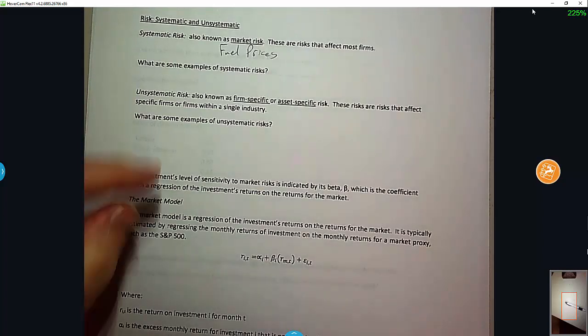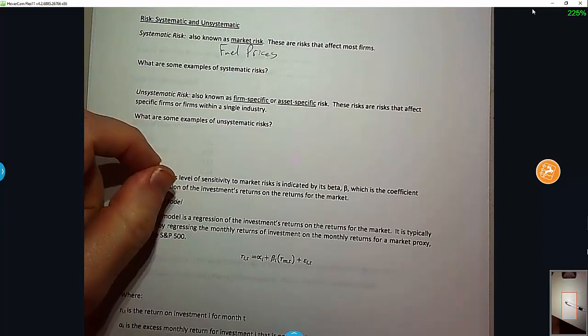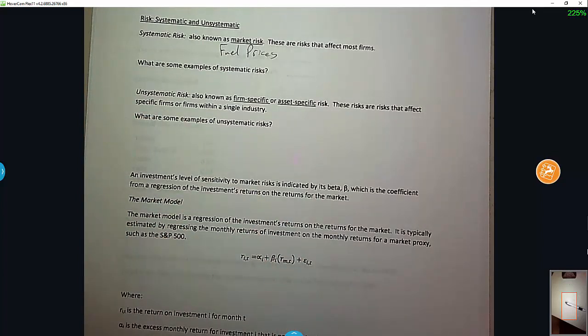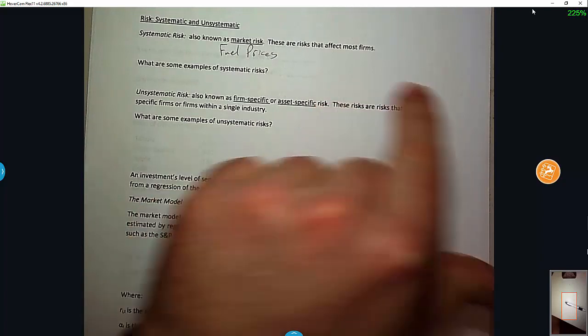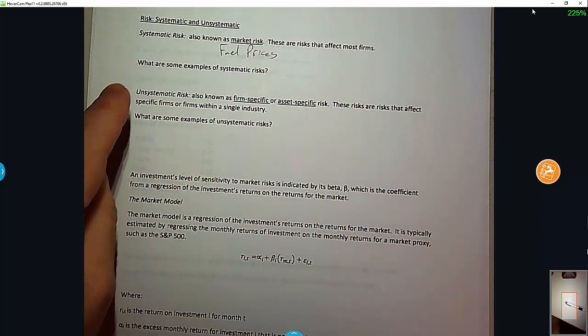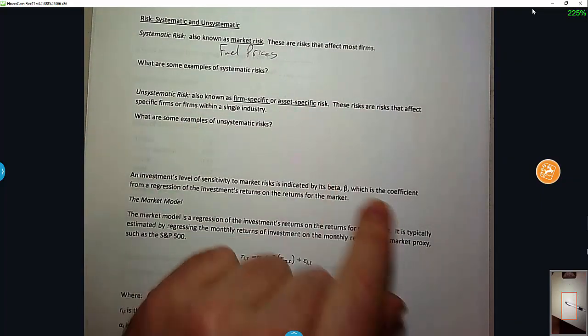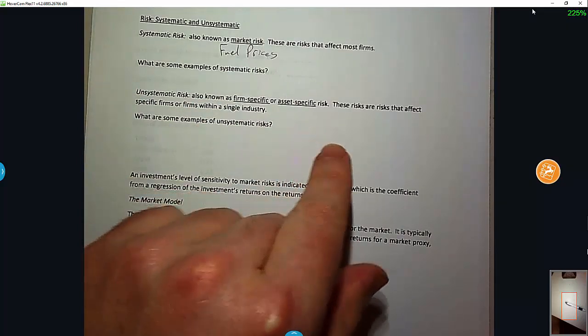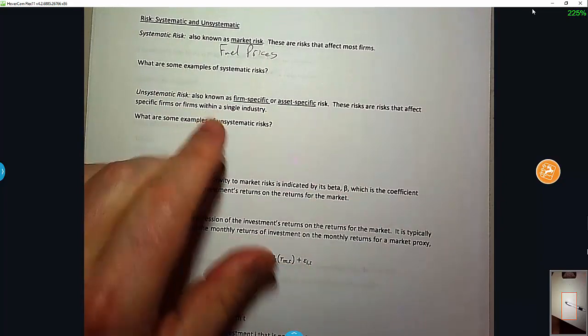What I did is I found the data for the weekly change in price for fuel in my area where I lived in Wisconsin, and I calculated the correlation between the percentage weekly change in gas prices and the percentage weekly change in Exxon's stock price, and I found that the correlation was 80%.